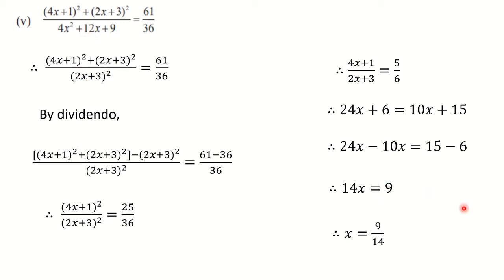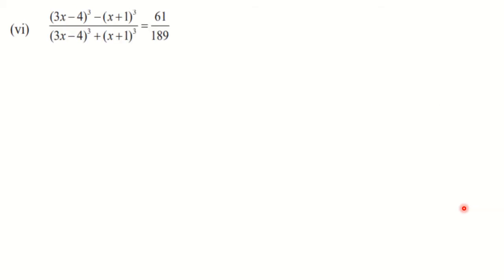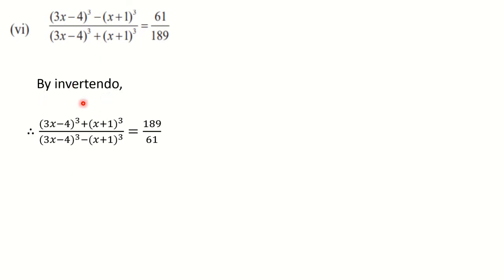Okay, so this was the fifth question. Now the last question, the sixth one, which is similar to that square one which we have done. So here what you can observe is plus and minus should be in numerator and denominator respectively, but here minus and plus is there. So first you have to go for invertendo, so that you will get plus in numerator and minus in denominator.